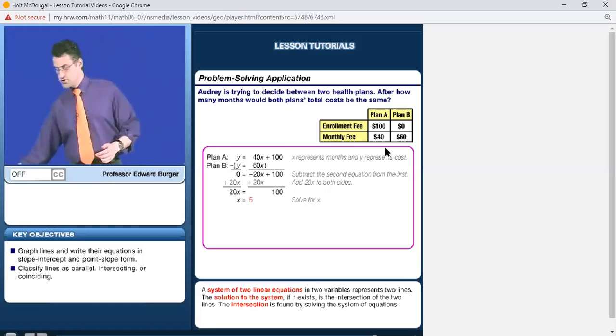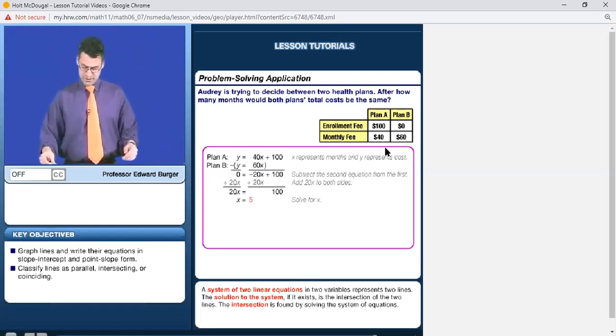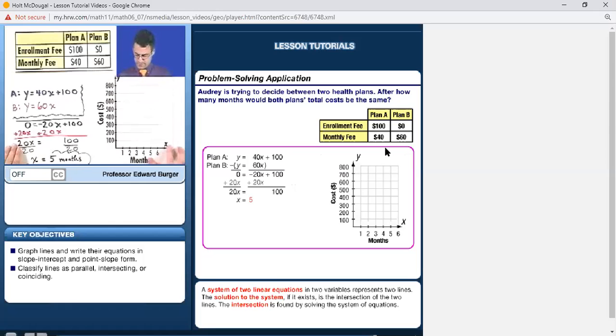Let's now look at it visually. Geometrically, I could graph the months on the x-axis and the cost on the y-axis. And now I have two straight lines. The first one is y equals 40x plus 100. So that's a y-intercept of 100, and the slope is 40 over 1.